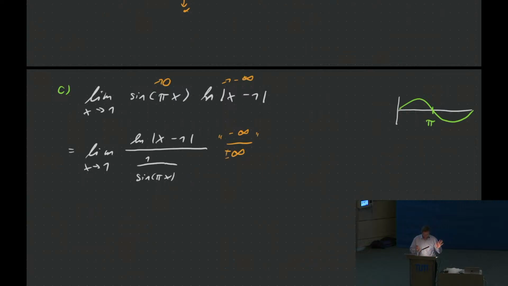Yeah, plus or minus, it doesn't matter much. Okay, and now to resolve that situation, of course, we could use L'Hopital's rule if we could make this at least one-sided differentiable. And so we'll take a look at the one-sided limits.